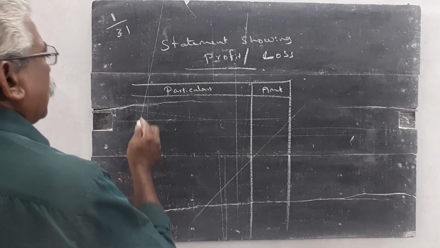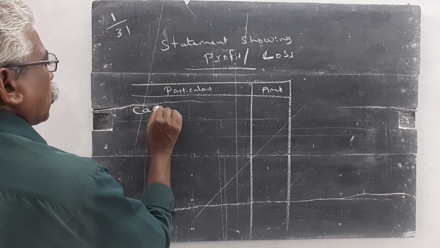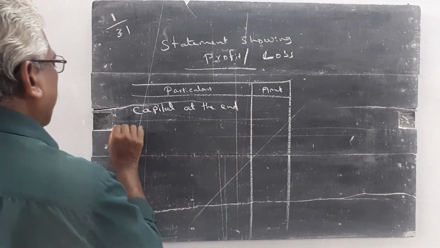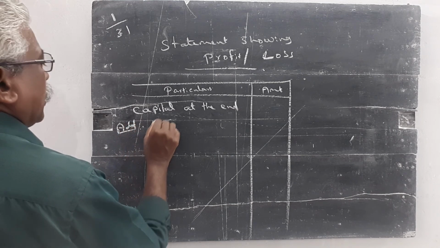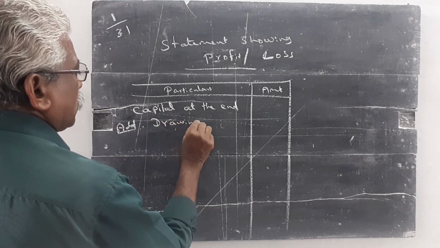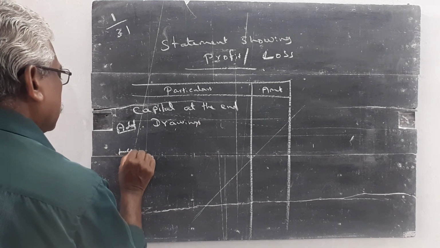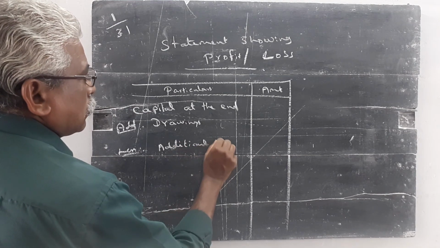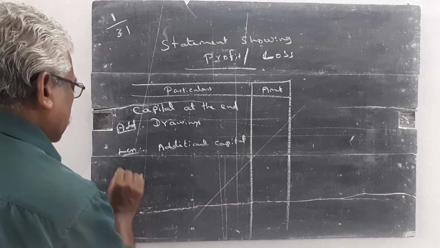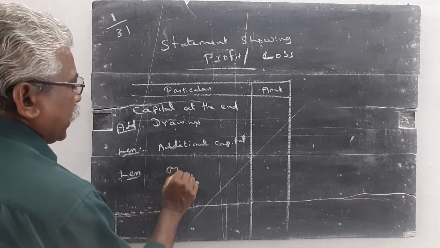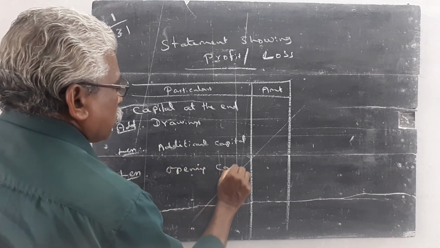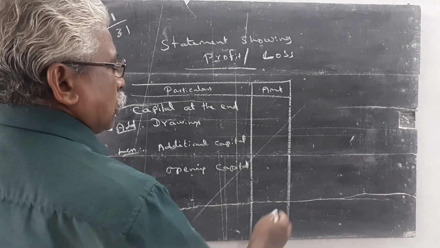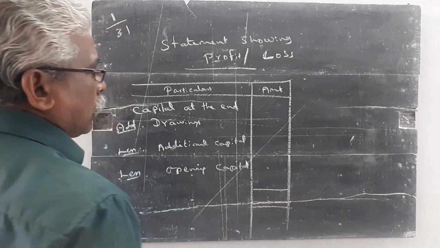Capital at the end or closing capital, add drawings, less additional capital, less opening capital, or capital at the beginning. Whatever is given in the question, you have to use. We can get profit or loss.